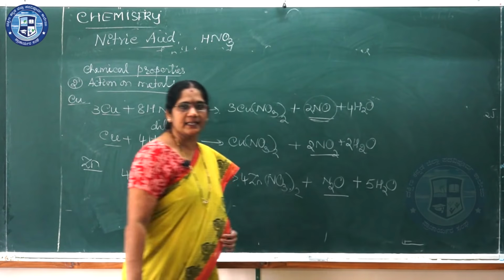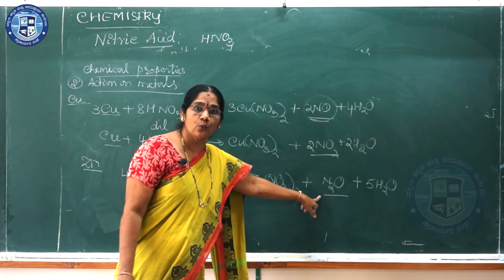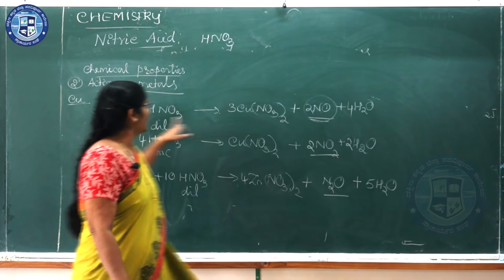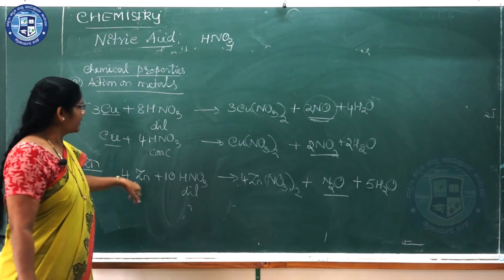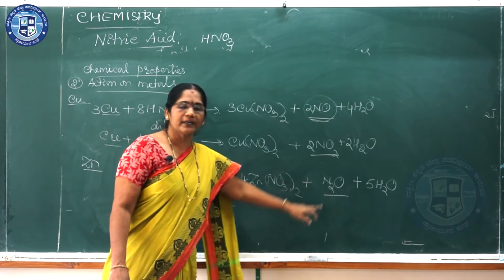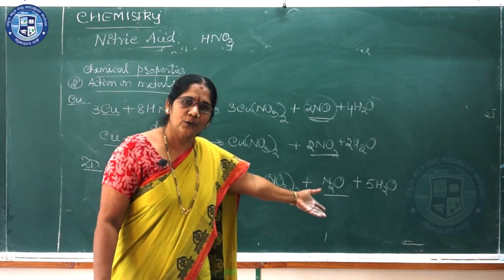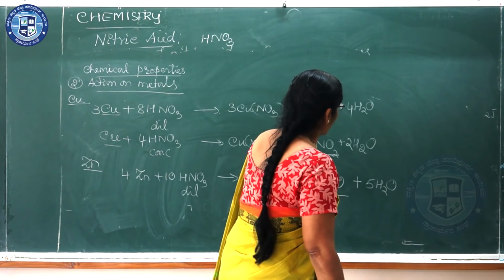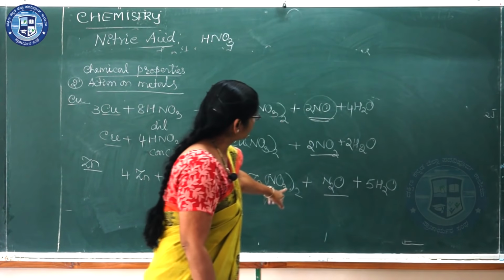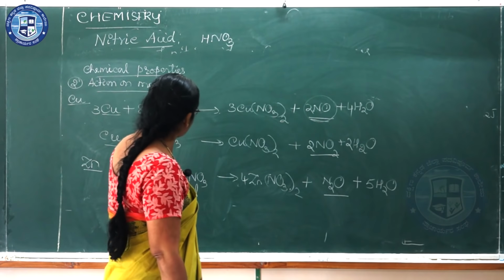Here you can see the product is N2O, not NO like when copper reacts with nitric acid. Zinc with dilute nitric acid gives N2O, and what is N2O? It is nothing but laughing gas, nitrous oxide. So, it is balanced.